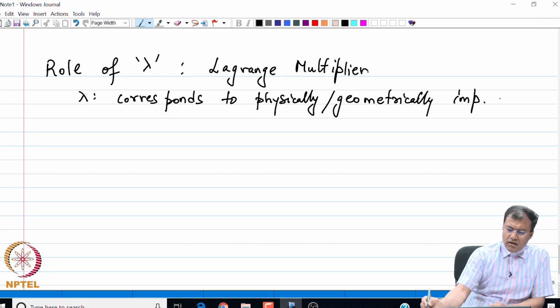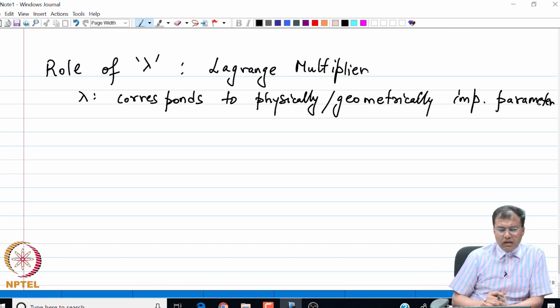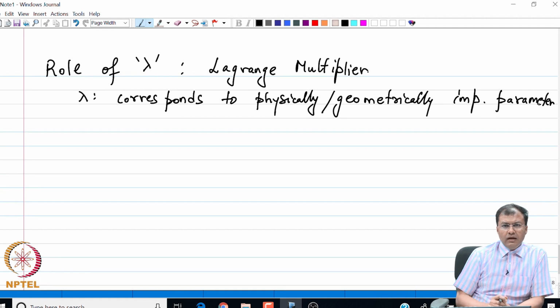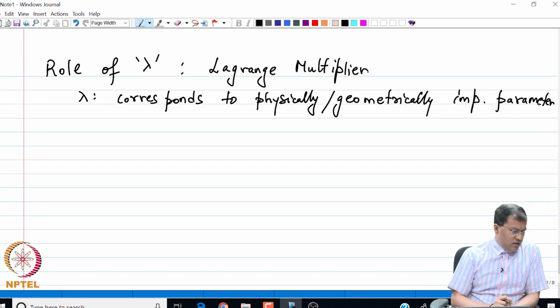Now we are going to highlight exactly what the importance of this Lagrange multiplier lambda is, because noting down the significance of lambda will help us to look at the problem from another point of view.